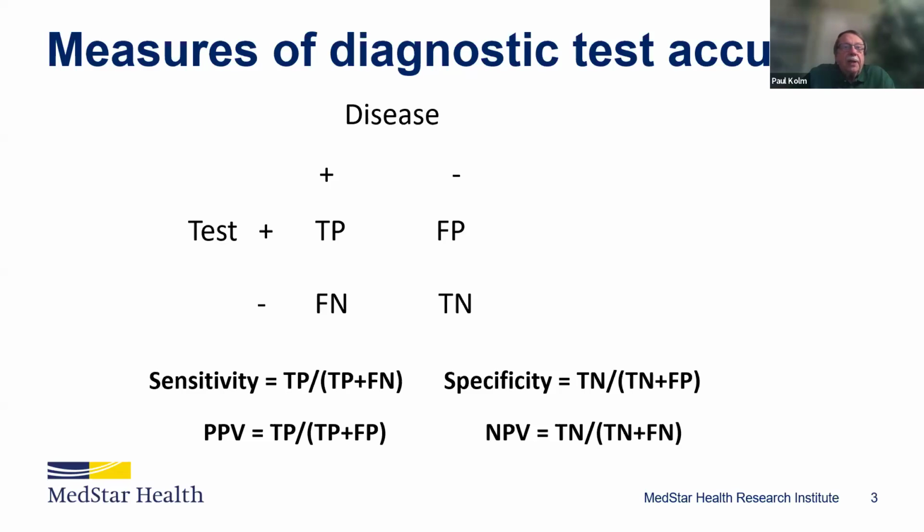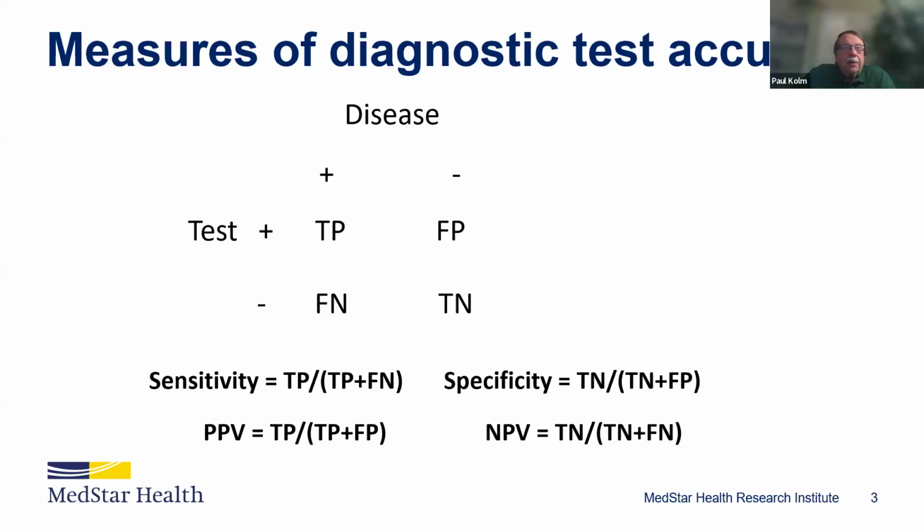Sensitivity equals the number of true positives divided by the number of true positives plus the false negatives, and specificity is the true negatives divided by the true negatives plus the false positives. In other words, the column totals are those that have the disease and those that don't have the disease.